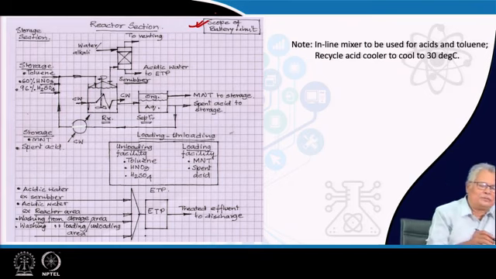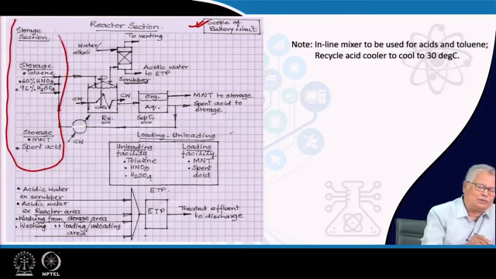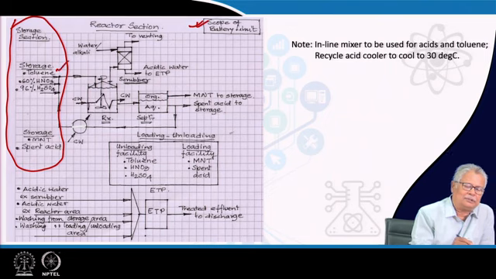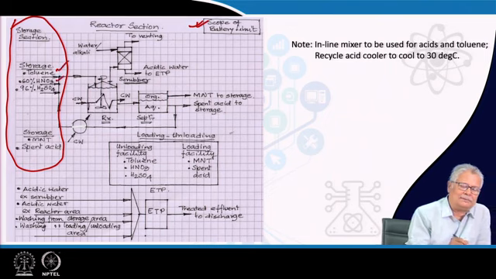You see here you have a storage section. What will the storage section contain? It will contain the storages for the raw materials toluene, 60% nitric acid and 96% H2SO4. The percentages are percentage weight by weight.